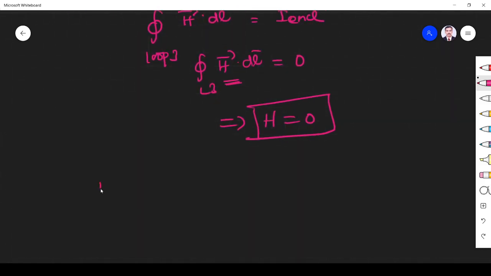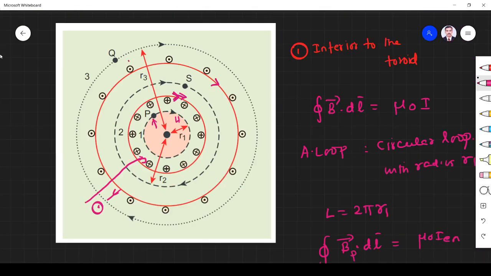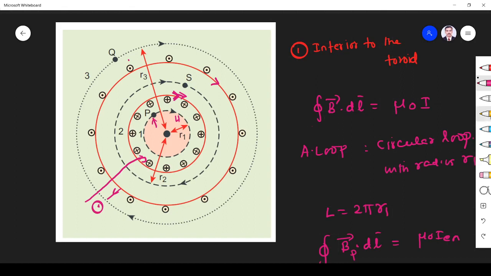Now we find the magnetic field inside the toroid. Inside the toroid means what is the region? Okay, let me draw that. Inside the toroid means this region, in between the two red circles. Here I have to find the magnetic field.